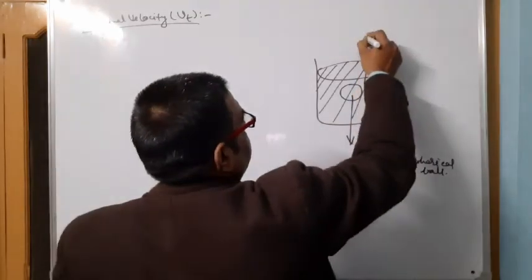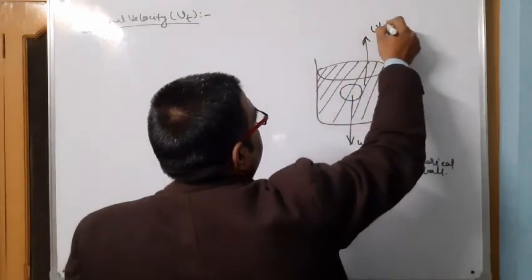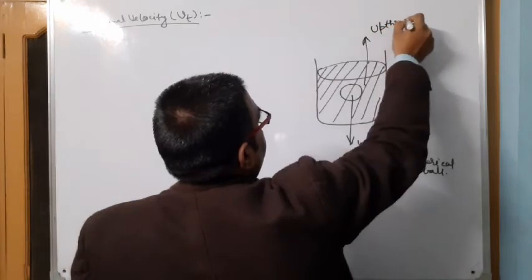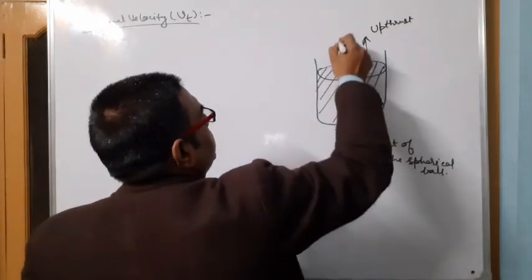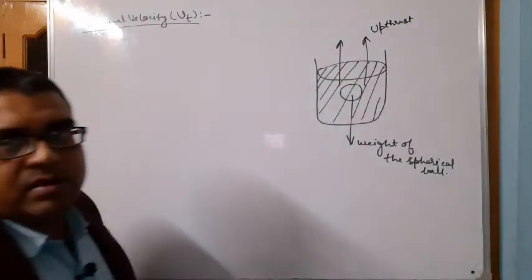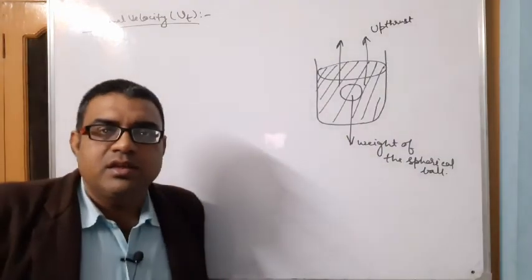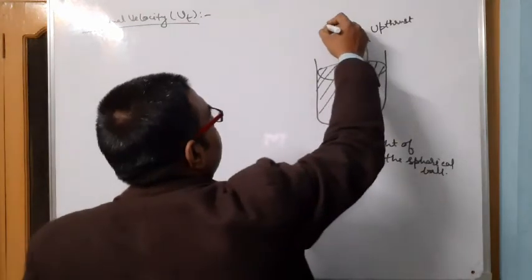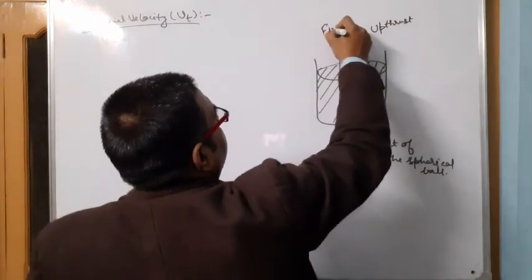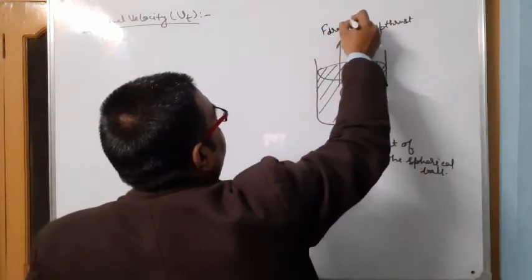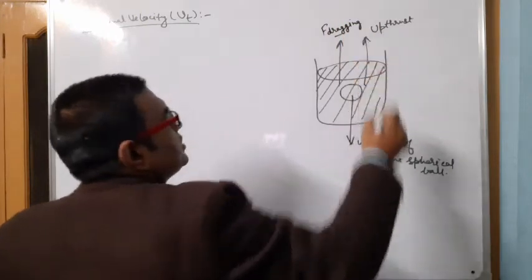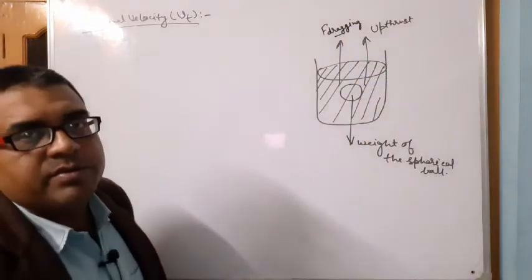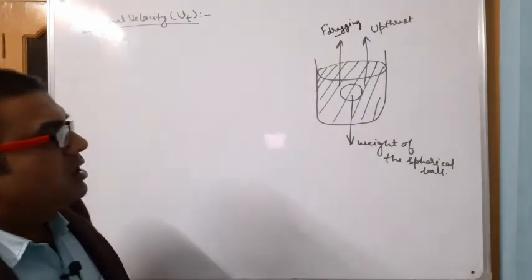In the upward direction, upthrust is acting, and similarly there is what we studied in Stokes law, a dragging force, that is F dragging force. These three forces act on this body.